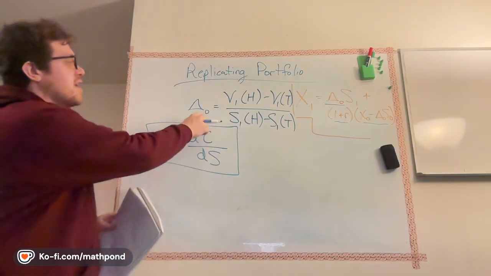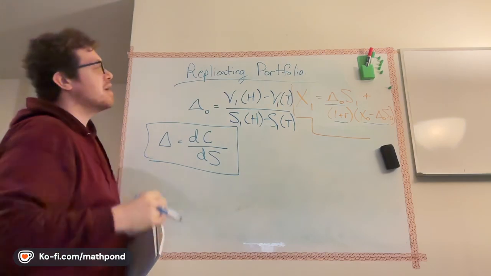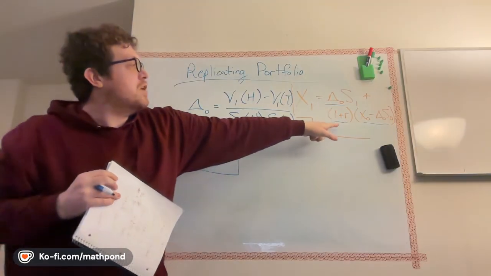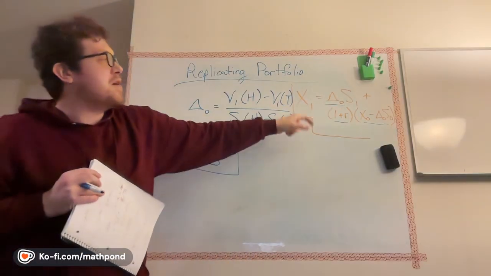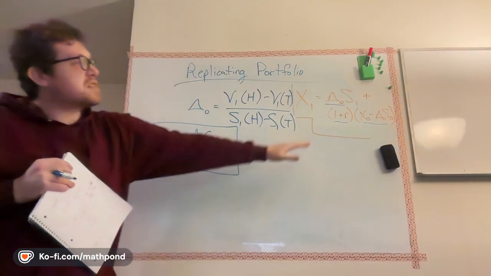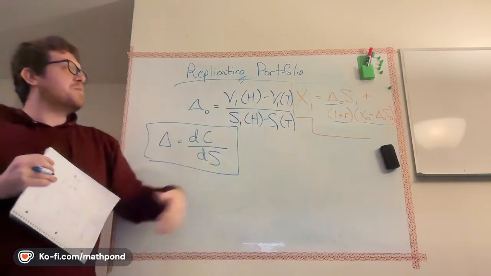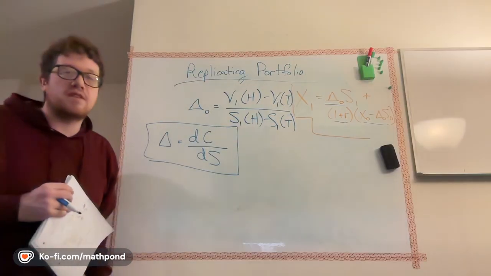So if I buy this amount of stock at time 0, then at time 1 I will have this amount. If the stock goes up to S1, I'll have this amount. If it goes down, D times S0. So this thing can be either of two quantities, but either way, it will be equal to V1 of H if the stock goes up, or it'll be equal to V1 of T if the stock goes down.